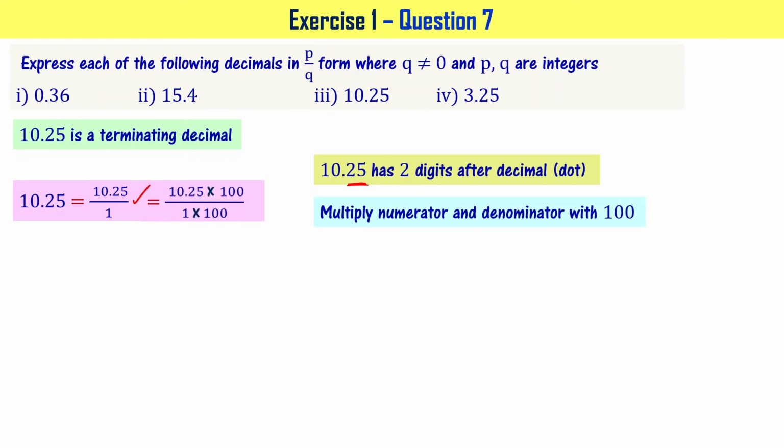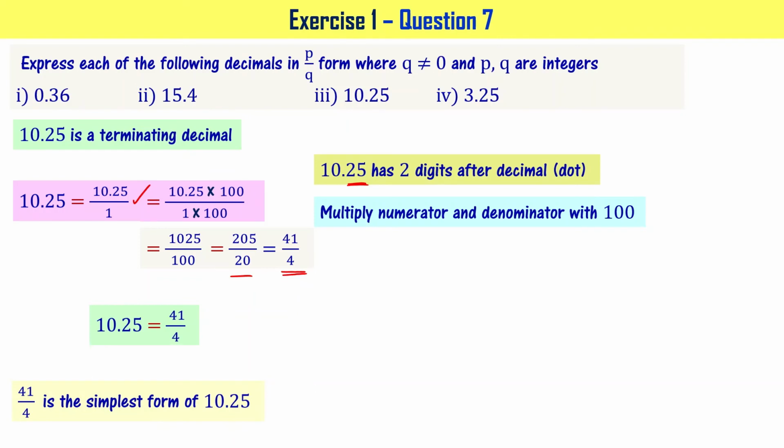It becomes 10.25 times 100 divided by 1 times 100, which is 1025 divided by 100, right? Both can be divided by 5. So it becomes 205 divided by 20, and further dividing both by 5 it becomes 41 by 4, right? So to answer, I can say 10.25 equals 41 by 4.